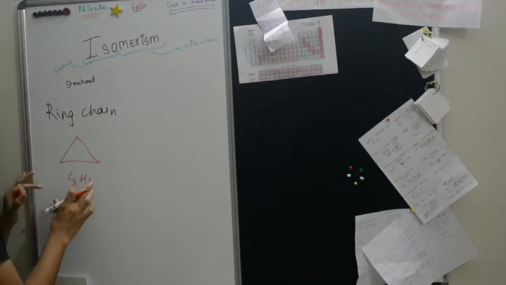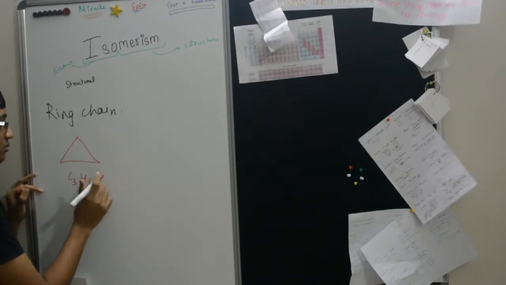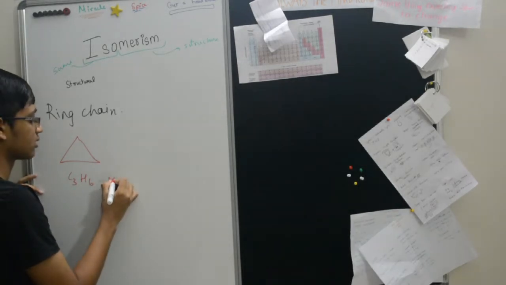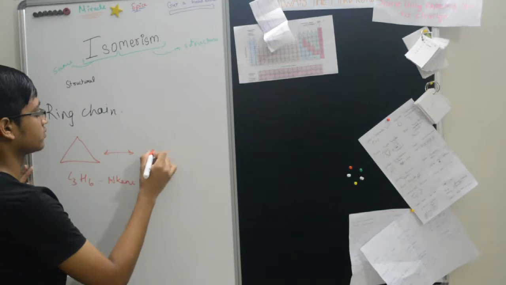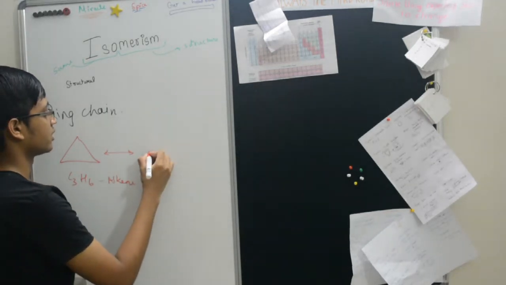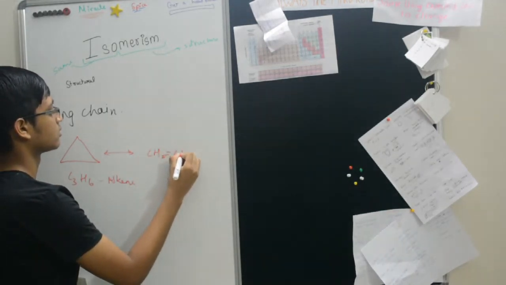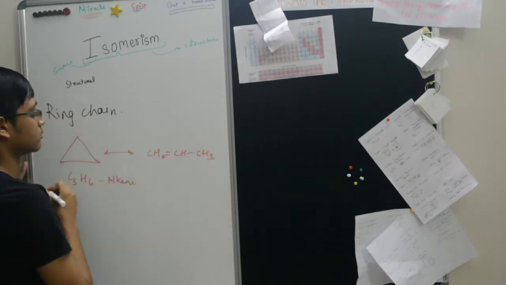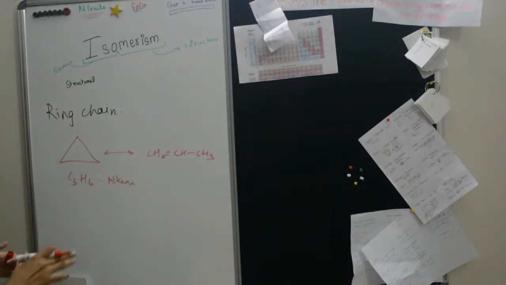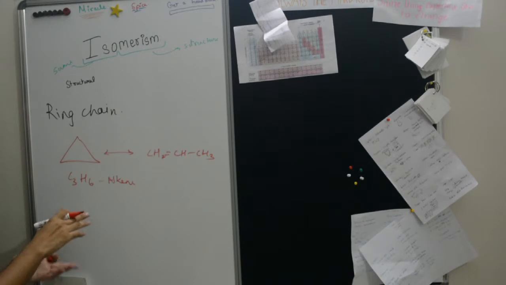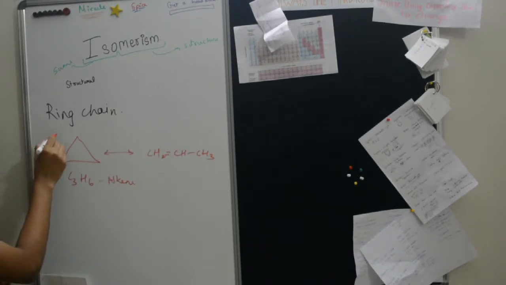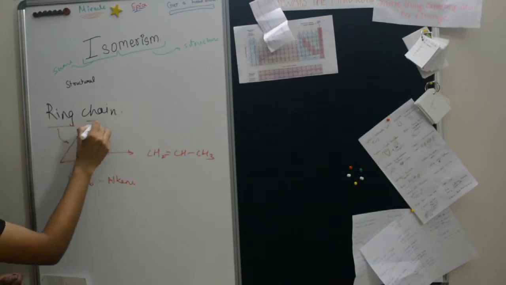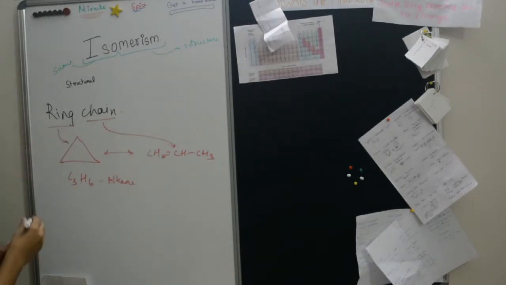And as you can imagine, this is also the same formula as an alkene, and therefore it can also be written like this. The other isomer is like this. These both are also isomers because they have the same molecular formula, and therefore they are also called ring chain isomers, as one is a ring and the other forms a chain.